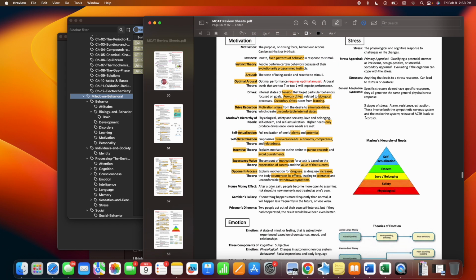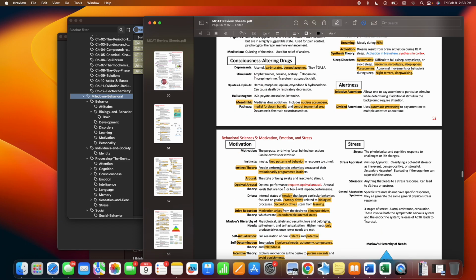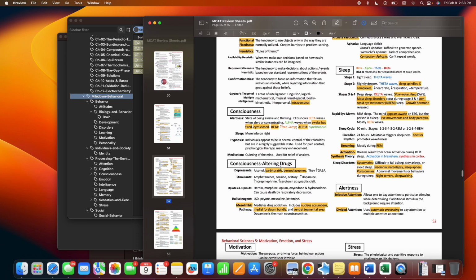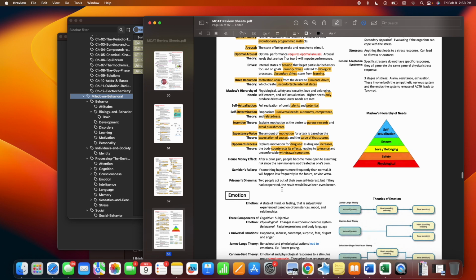But we also had hallucinogens here such as LSD, peyote, mescaline, and ketamine. These are consciousness altering drugs. You can easily be addicted to alcohol, barbiturates, benzodiazepines, and we have the house money effect.